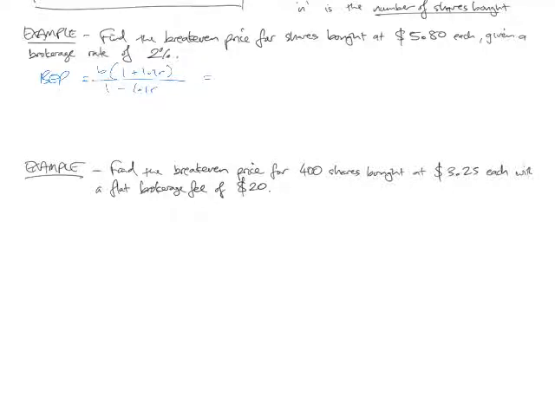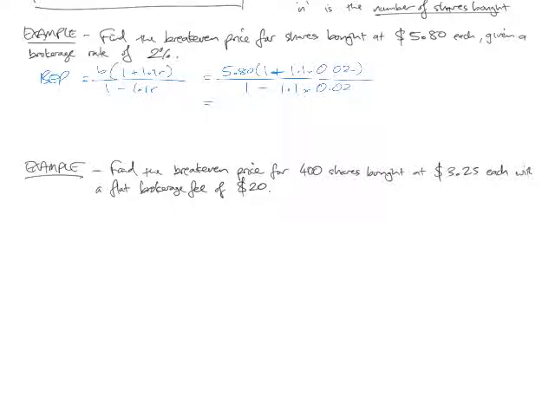So we need to fill in what B is, which is the buying price, $5.80, times (1 + 1.1 times the brokerage rate, which is 2%, so as a decimal that is 0.02), divided by 1 - 1.1 times the brokerage rate as a decimal, which is again 0.02.